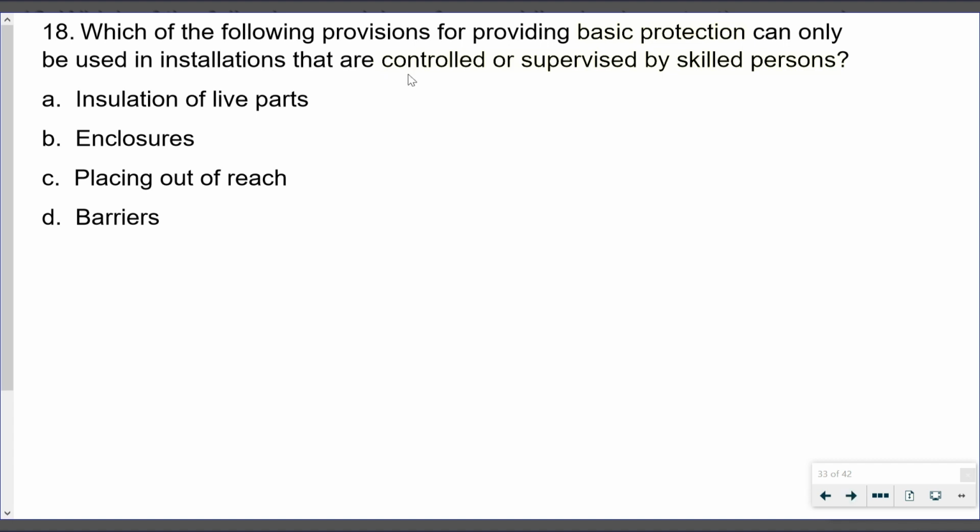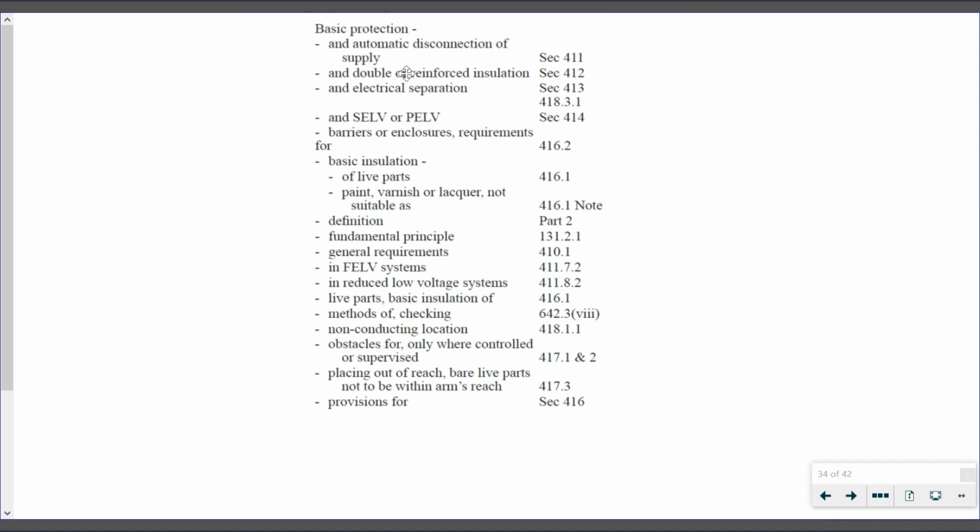Question 18: which of the following provisions for providing basic protection can only be used in installations which are controlled or supervised by a skilled person? So we're looking at basic protection, and at controlled and supervised by skilled persons. For basic protection we have basic insulation, barriers or enclosures, and non-conducting location, but there's a wee one down here: obstacles, only where controlled or supervised.